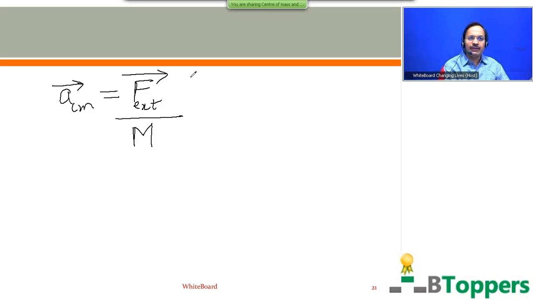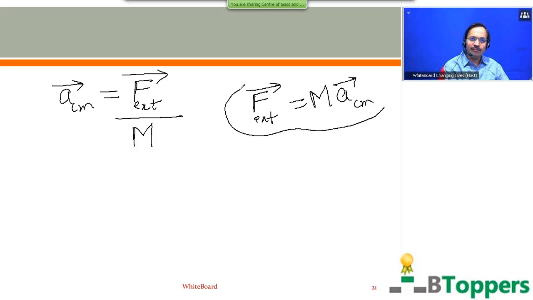So the vector sum of all the external forces acting on all the particles of a system can be written as the product of the total mass of the system and the acceleration of the center of mass of the system.